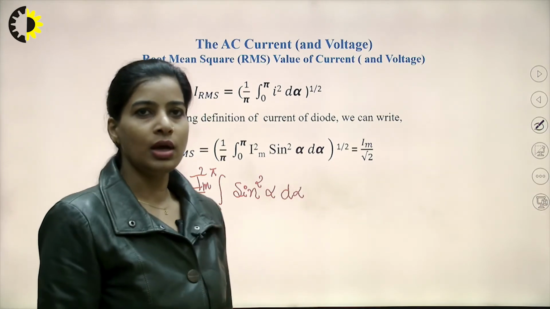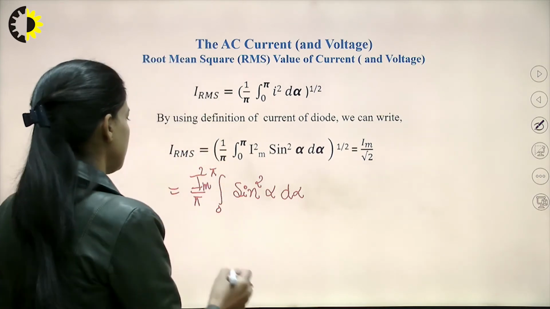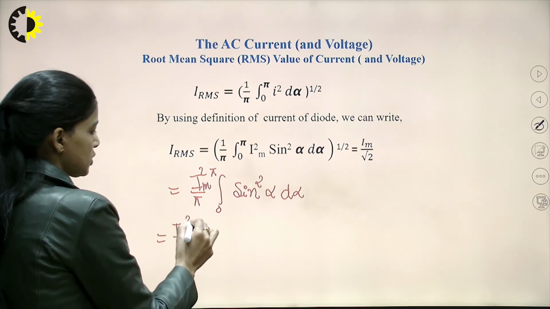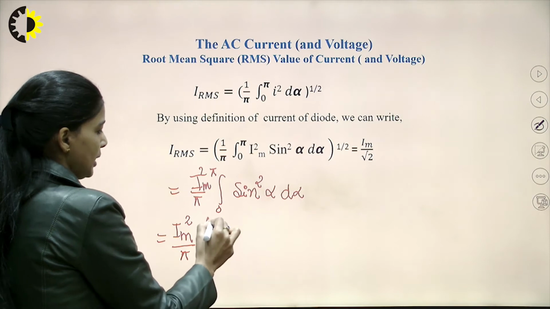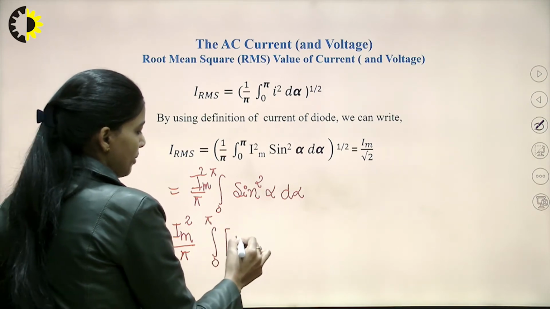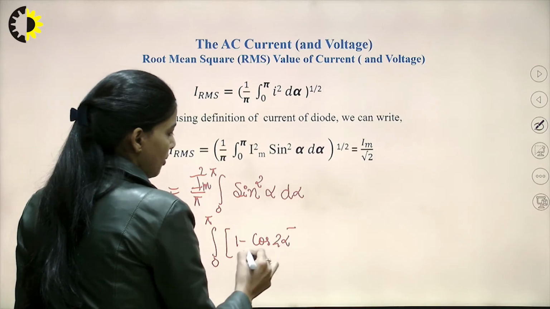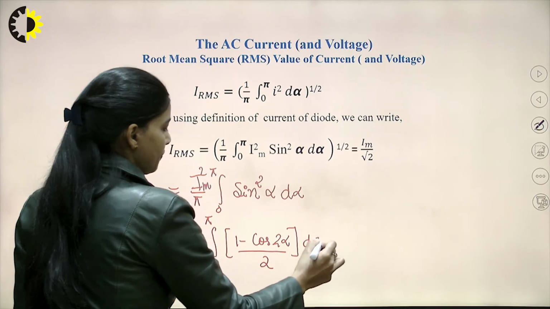Sin square alpha we can write as 1 minus cos 2 alpha by 2. So, this becomes Im square upon pi integration 0 to pi 1 minus cos 2 alpha by 2 d alpha.